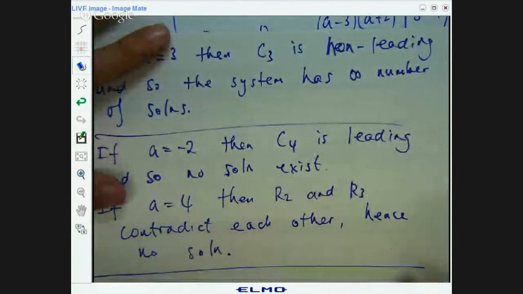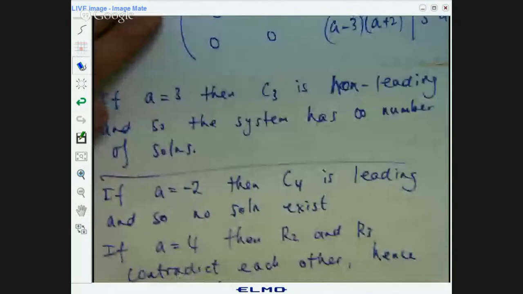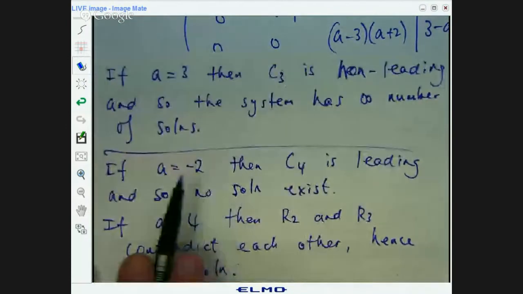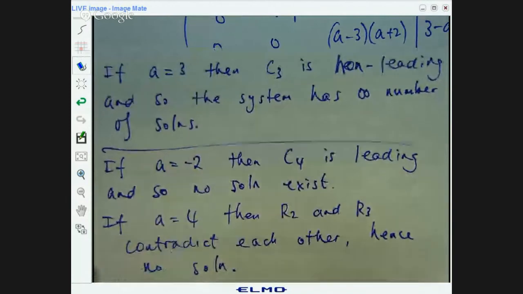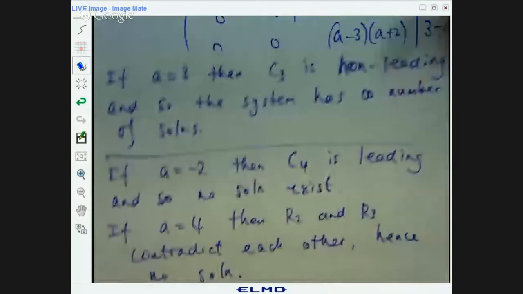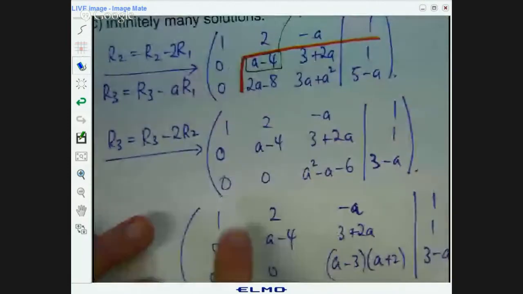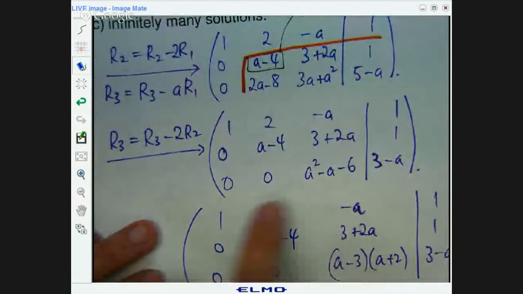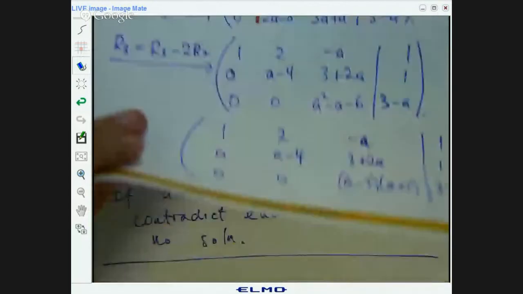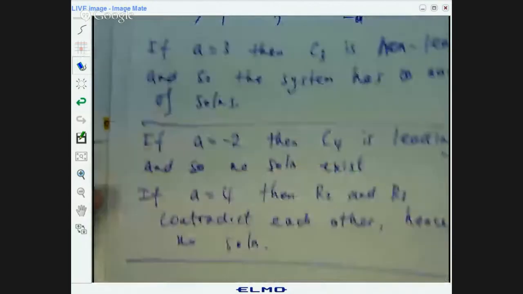All right. And the last thing is, well, what's left over? A is not equal to 3, A is not equal to -2, and A is not equal to 4. Okay. So in that case, you have all the columns on the left-hand side are leading, and that's enough to get a unique solution. Okay.